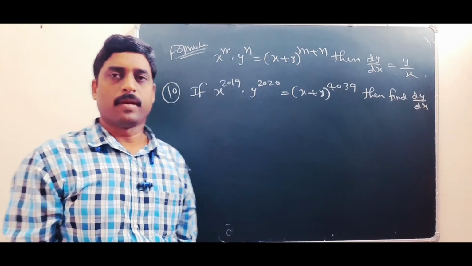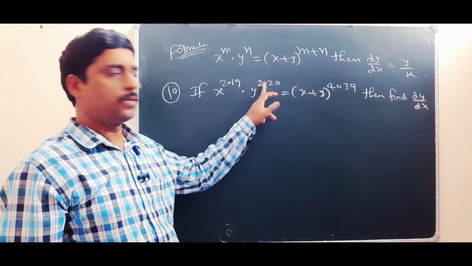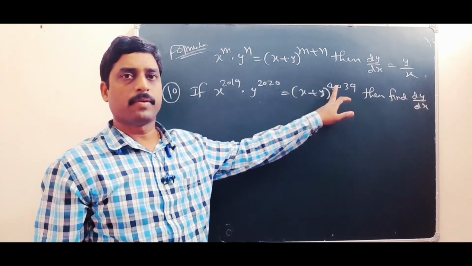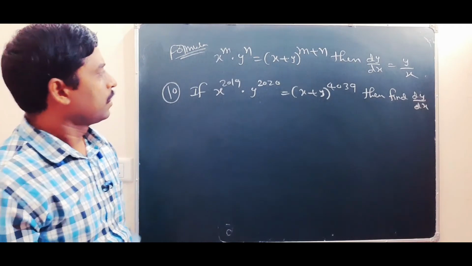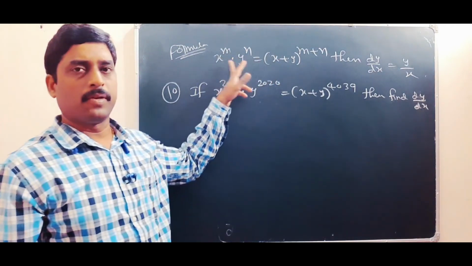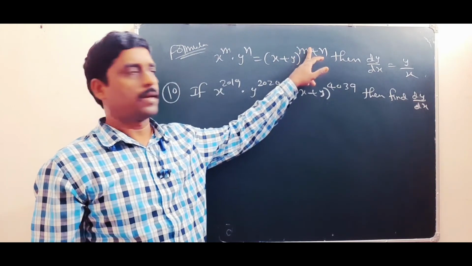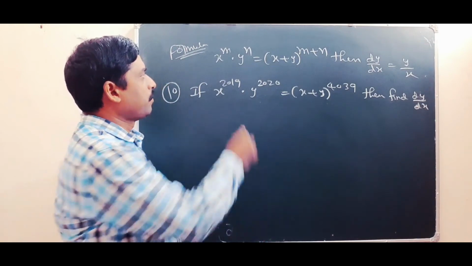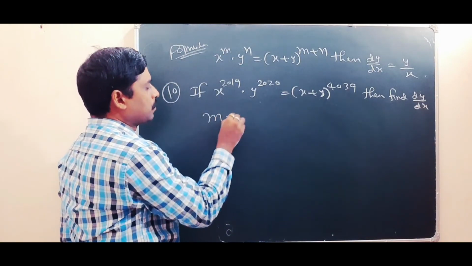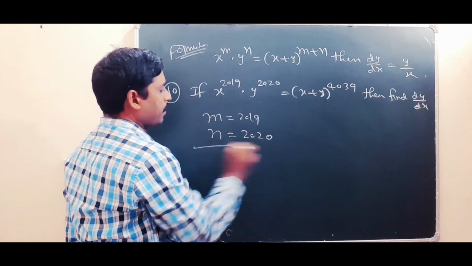Okay, moving on to the next question. If x to the power 2019 into y to the power 2020 is equal to x plus y power 4039, then find out dy by dx. This is the formula: x to the power m into y to the power n is equal to x plus y whole power m plus n, then dy by dx value is y by x, where m value is 2019 and n value is 2020.